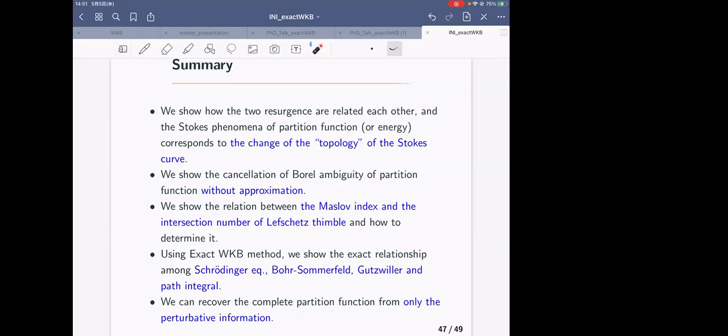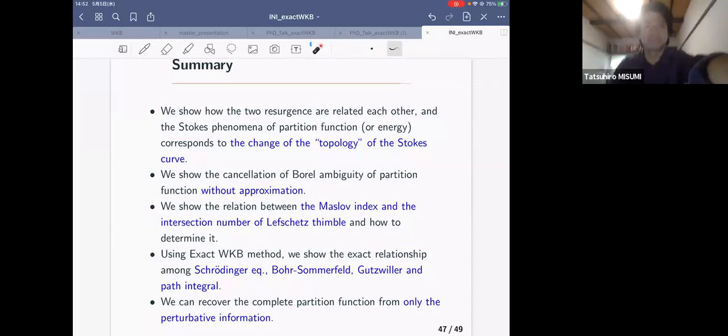And also using the DDP formula, we can recover the complete partition function from the perturbative partition function. Yes, this is the result of my talk. Okay, thank you very much.